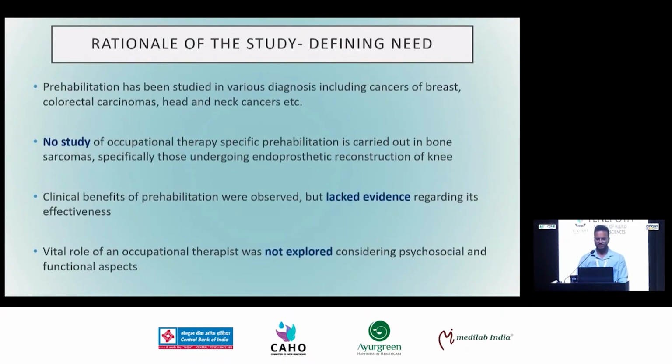Prehabilitation has been studied in various diagnoses, including cancers of breast, colorectal, head and neck, etc. However, no study of occupational therapy specific prehabilitation is reported, specifically in those patients who are undergoing endoprosthetic reconstruction of the knee. Clinical benefits of prehabilitation were observed but lacked evidence regarding its effectiveness. The vital role of an occupational therapist was not explored considering psychosocial and functional aspects.